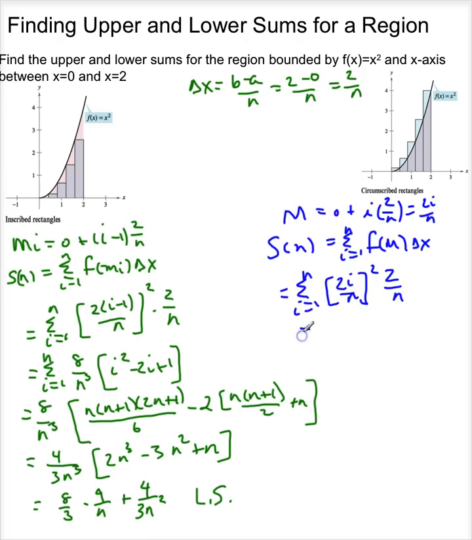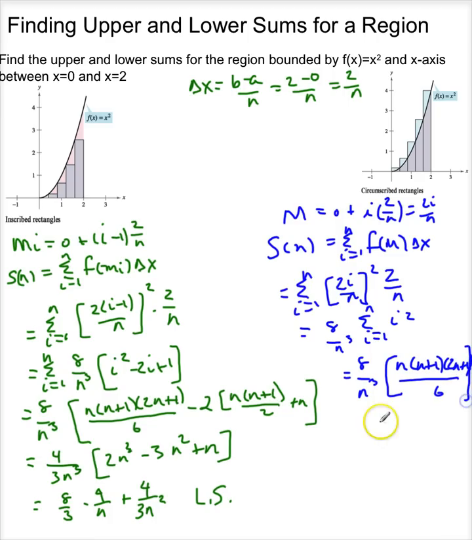So when I expand this out, I get, again, 8 over n cubed times the sum as i goes from 1 to n of i squared. All right, so this is 8 over n cubed times n plus 1, 2n plus 1, all over 6.